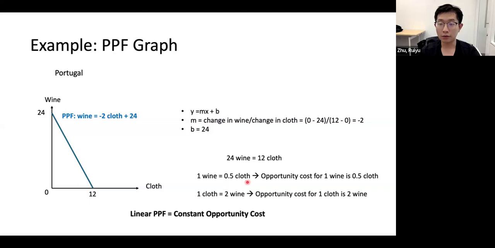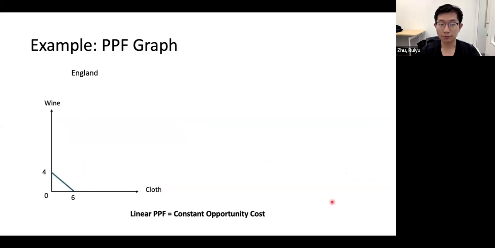That means the opportunity cost of 1 y is 0.5 cloth, which means if we want to produce 1 more unit of y, we have to move people from cloth production to wine production, and the production of cloth is reduced by 0.5 unit. Similarly, we get that 1 cloth is equal to 2 y. That's the opportunity cost of one cloth. That's for Portugal.